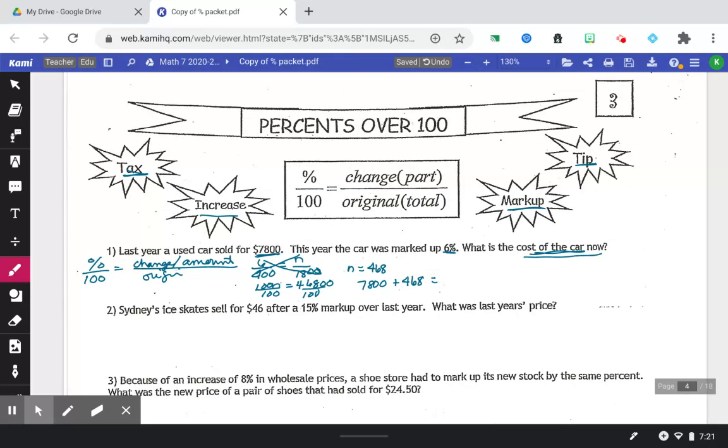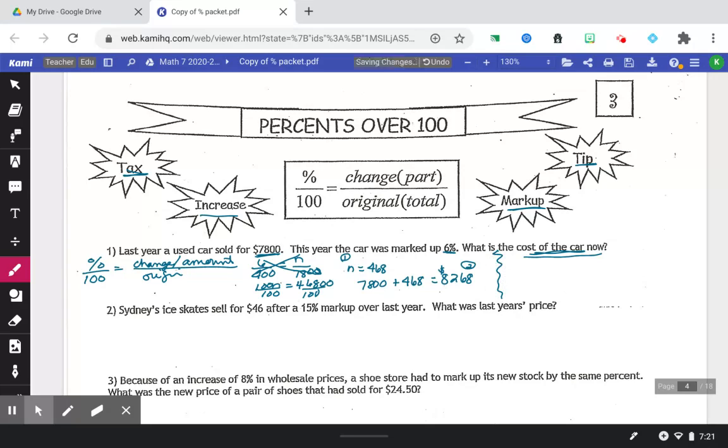Now, to get the total, the new cost, which is $8,268. Okay, so we had two steps. First, we had to find the amount that it was marked up. Then we had to add that to the original cost to get the new price. Okay, that was last week.